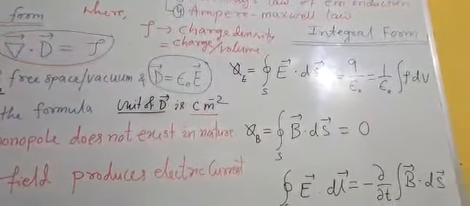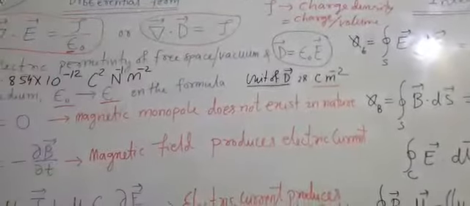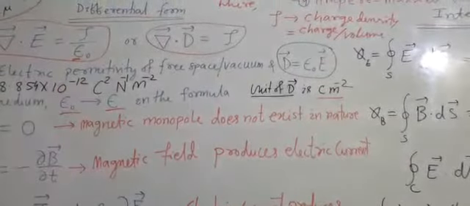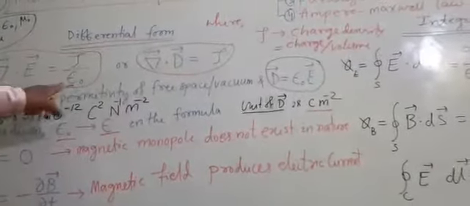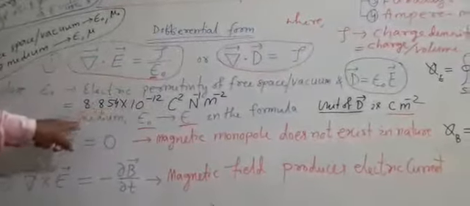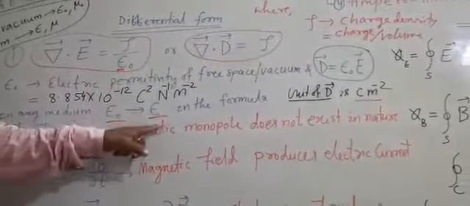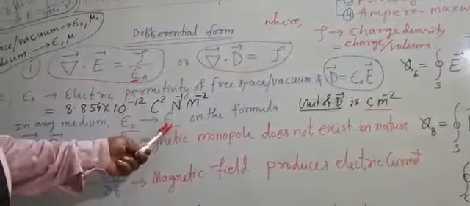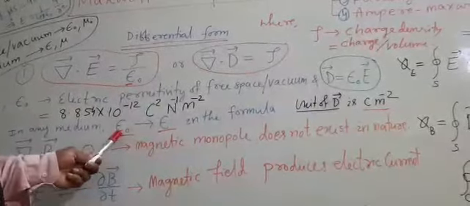So in all these equations, you can take two cases: free space and medium. In a medium you change to epsilon, and in free space epsilon naught.